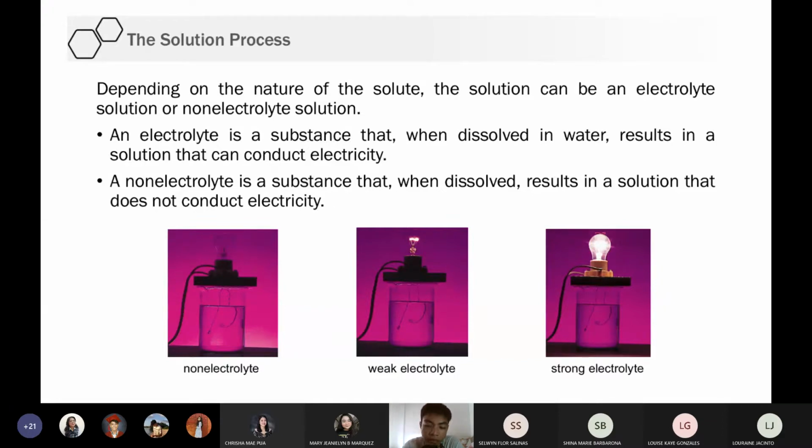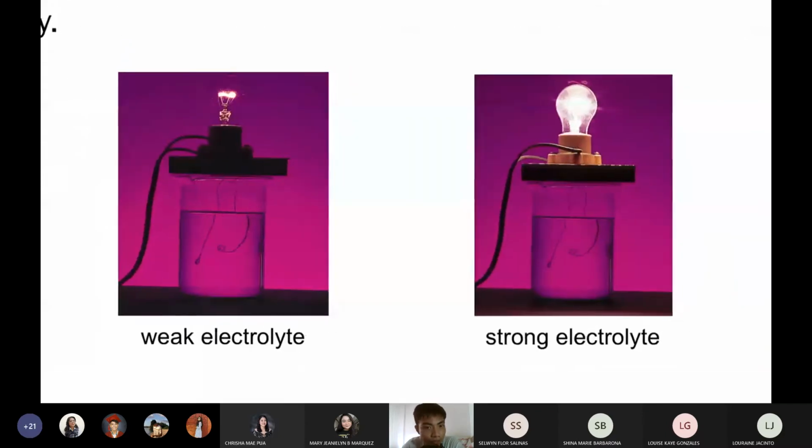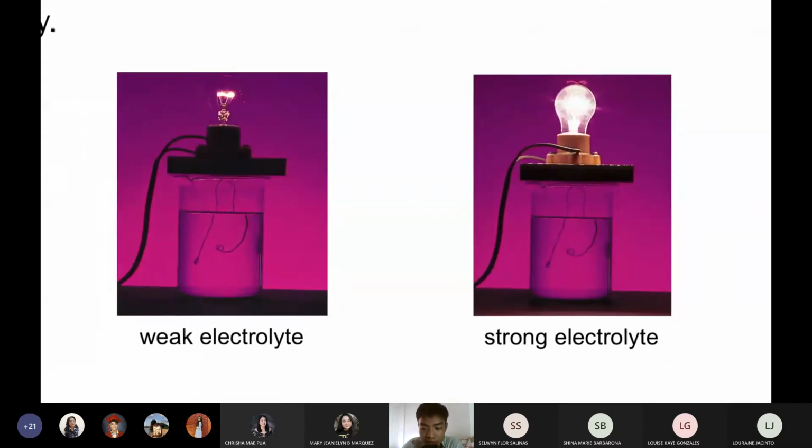Okay? And then yung electrolyte solution, we can classify that into two. Pwedeng weak electrolyte, pwedeng strong electrolyte. No? So, ano yung subtle difference? No? Kapag strong electrolyte, we are talking about ionic compounds that fully dissociate.